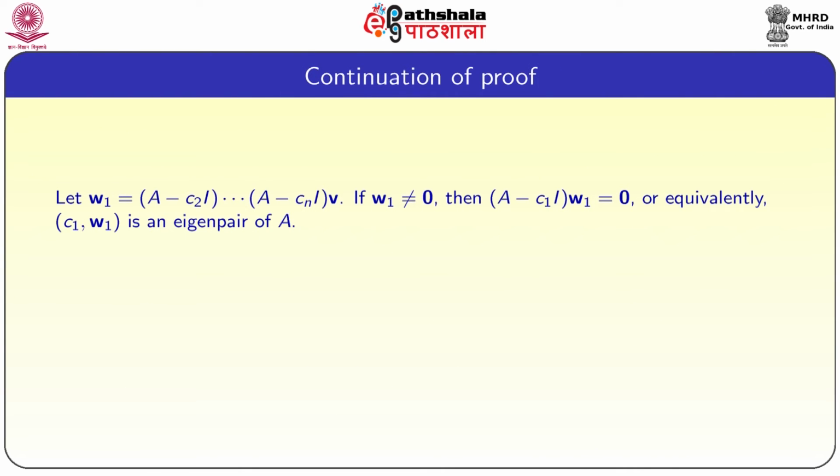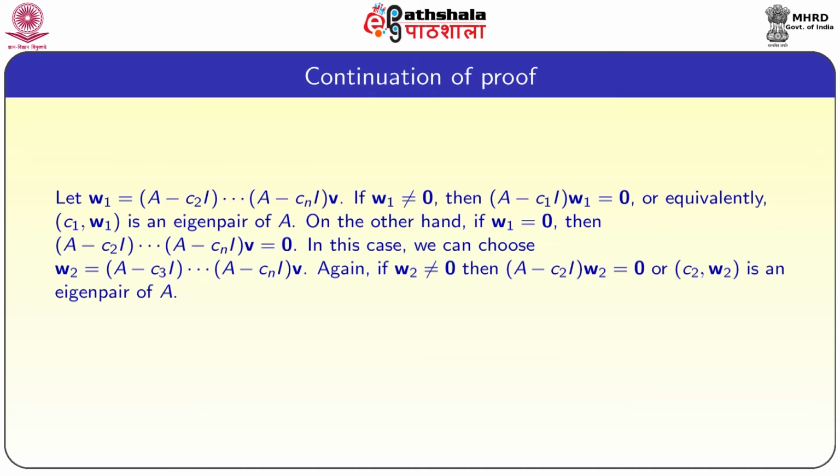Let W1 be equal to A minus c2 into I and so on A minus cn into I into V. If W1 is not equal to 0, then A minus c1 I into W1 is equal to 0, or equivalently c1, W1 is an eigenpair of A. So, we are done in that case.